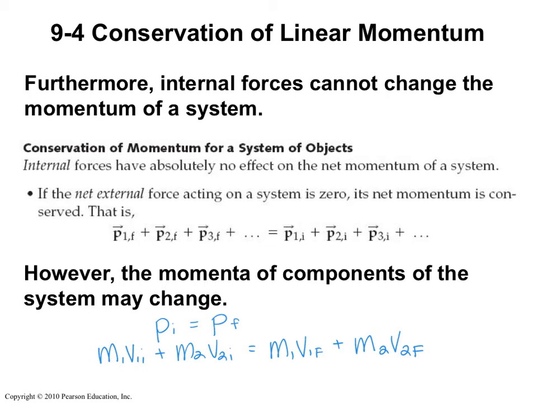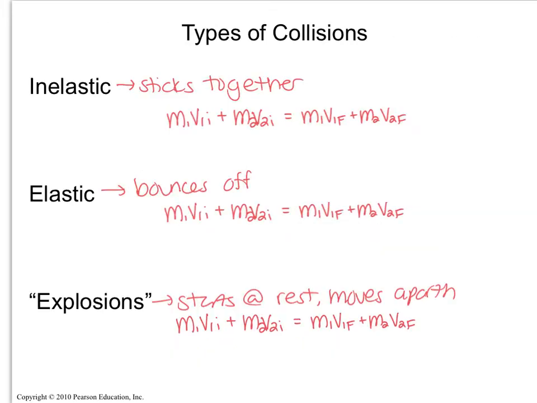Let's define our different types of collisions. Our first type of collision is inelastic collisions. This is a situation where I have two objects, and maybe one is moving, maybe they're both moving, and when they collide, they stick and move together. So at the end, they have a singular velocity. Now, if I look at my equation here, I have my initial velocity for both masses.